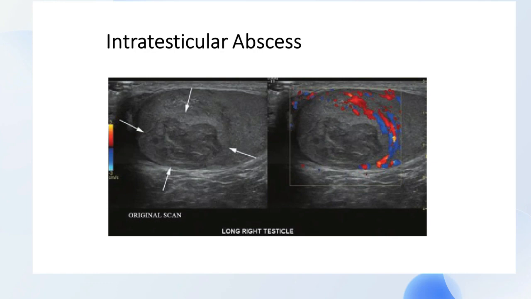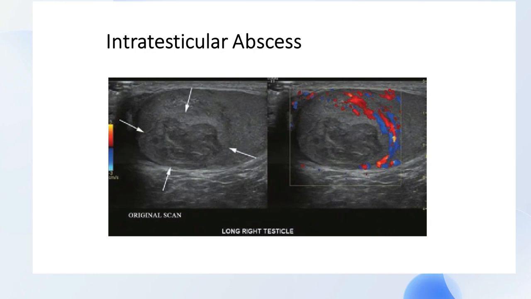The other notorious culprit that you might come across when you're doing an ultrasound scan of the testicle is an abscess. When there's an inflammation of the testicle or orchitis, the abscess can form inside the parenchyma of the testis itself. An abscess will mostly be hypoechoic, and you can see free fluid inside.